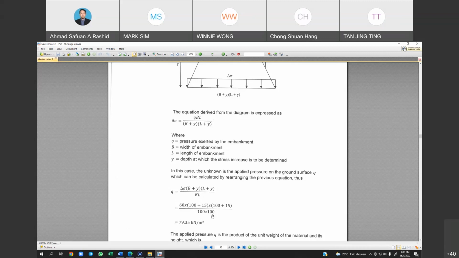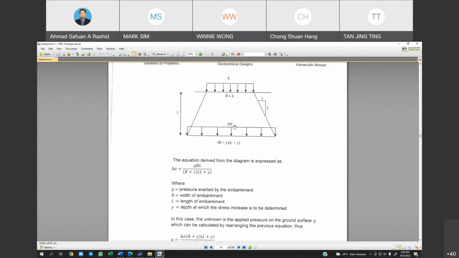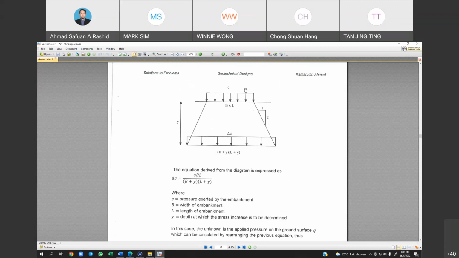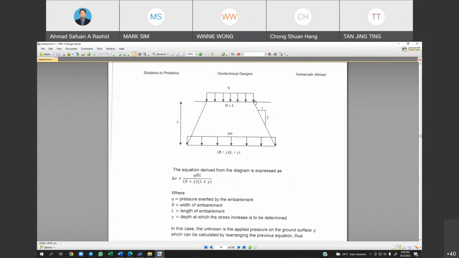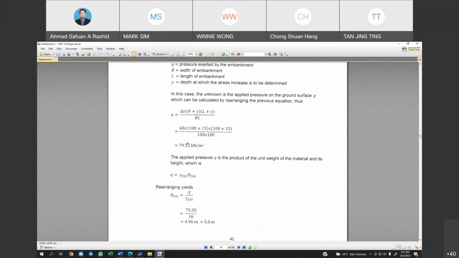So that is for the Q. Now we know Q on the top of the soil is 79.35.